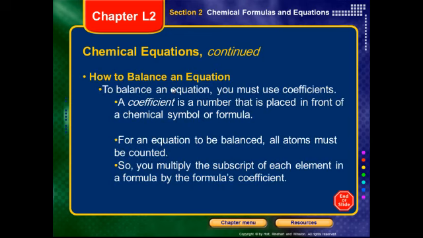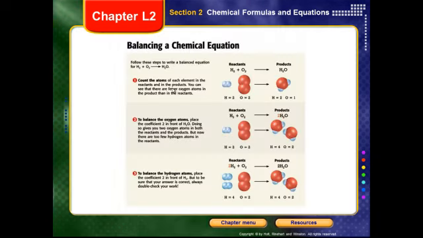Okay, how do we balance an equation? We use something called coefficients. Here is an explanation for this. Focus on this H2 plus O2. H2 is a hydrogen molecule made up of 2 hydrogen atoms, the blue ones, and O2 is an oxygen molecule made up of 2 oxygen atoms. The H2 combines with O2 to give us water, H2O.